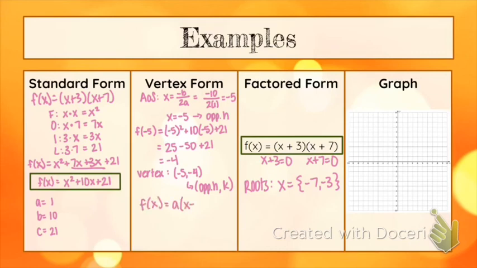So it's A times X minus H squared plus K. So A comes from our original equation, and it's just a +1, so we don't have to put anything there. And then we do opposite H, so H is -5, so the opposite of that would be +5 squared, and then plus K. Well, K is -4, so that's going to be -4.